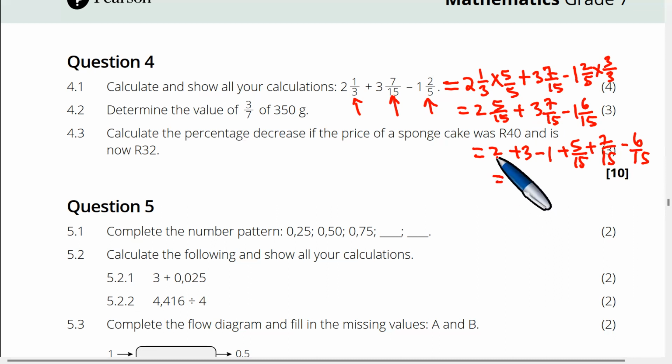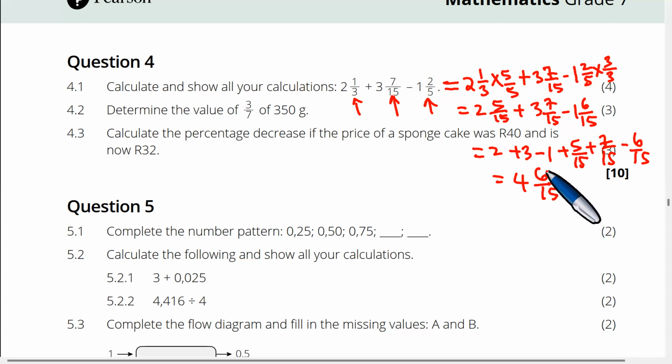So what is 2 plus 3? Is 5 minus 1? 4. And then here you have the denominator is 15, everything. 5 plus 7 is what? It's actually 12. 12 minus 6 is what? 6. It's actually 6 out of 15.